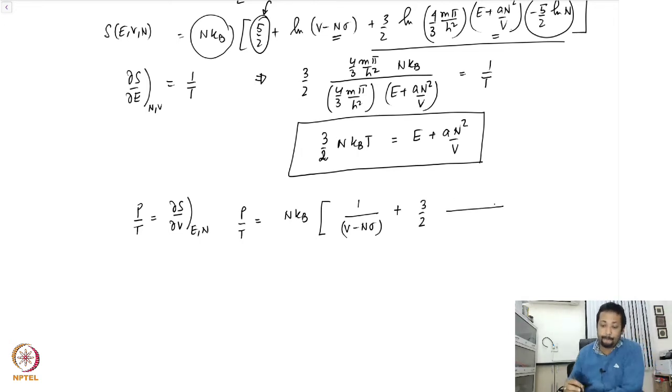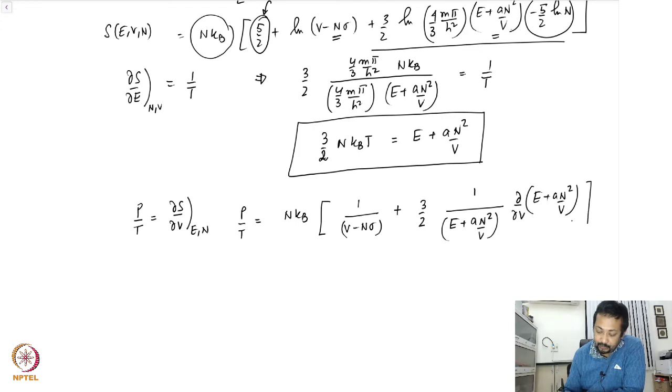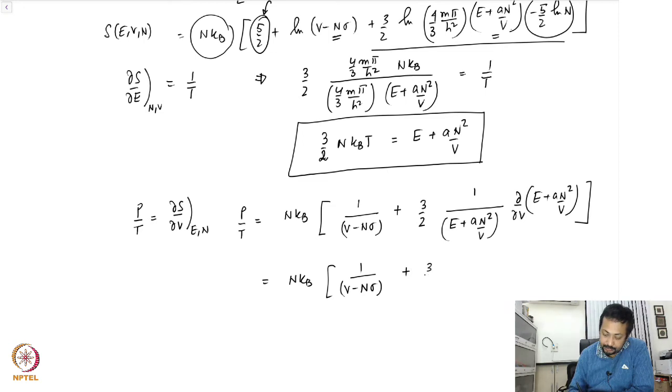I'm going to have E plus a n square over V, 1 over this, and then I'm going to have del del V of E plus a n square over V. So that I have N k_B times 1 over V minus N sigma, plus 3 by 2 times 1 over E plus a n square divided by V, and this derivative gives me minus a n square over V square.